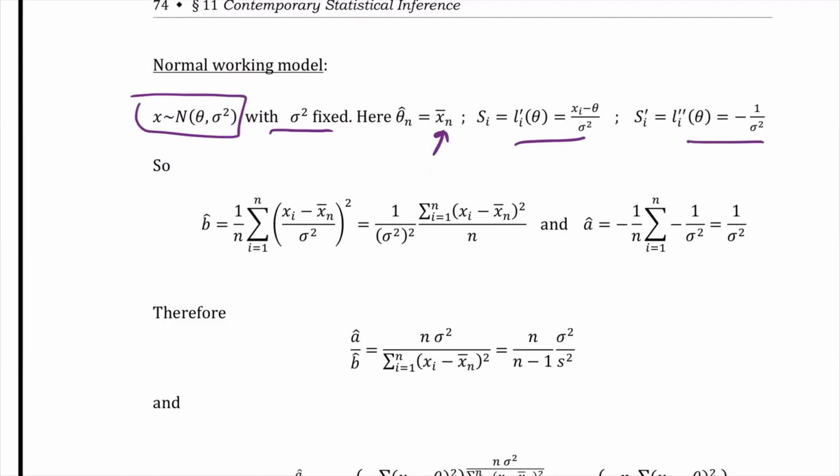We've seen these before. So I can calculate the variance of the score function. That's B. It's just algebra at this point. And here's A, which is the model-based variance, which is 1 over sigma squared. And so my ratio, A over B, is just the ratio of the model variance to the sample variance.